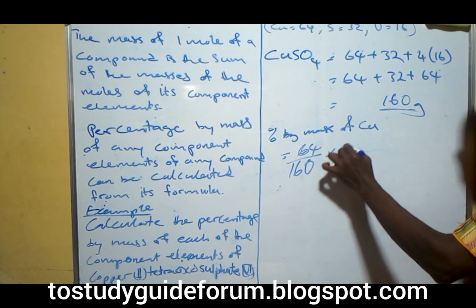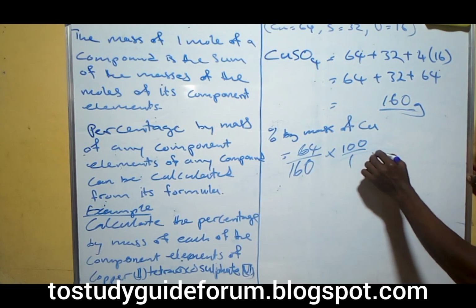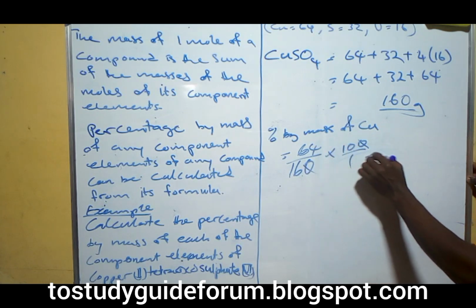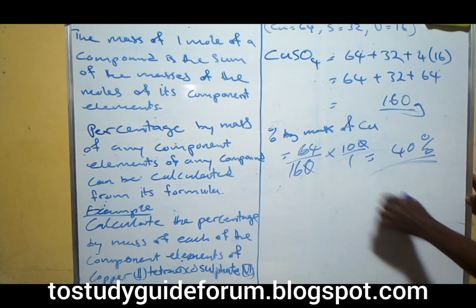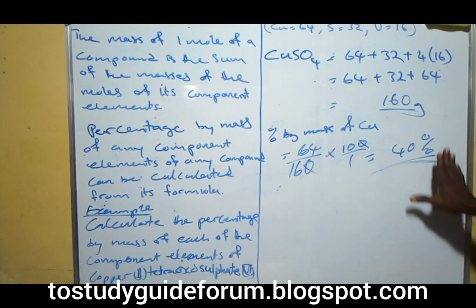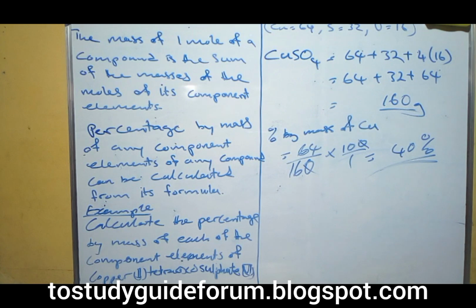Then we multiply by 100. So when we multiply by 100, this will cancel out, and in fact everything will give us 40%. 40% of copper is present in copper 2 tetraoxosulfate 6.